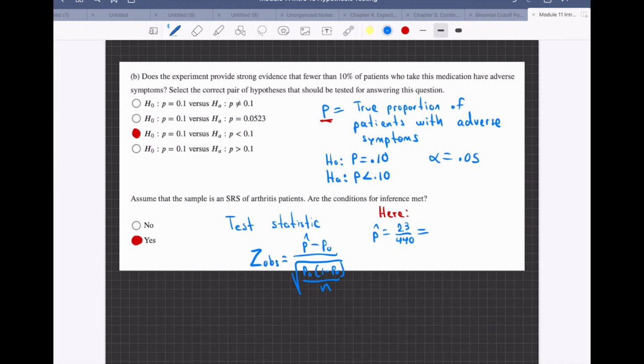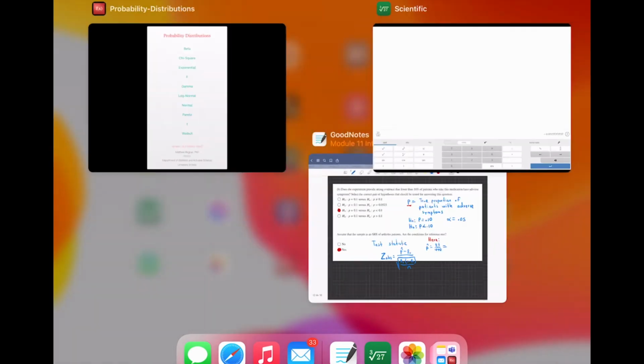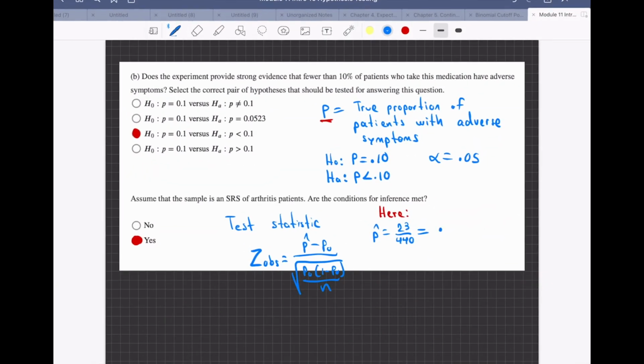And we saw that is approximately 0.05, rounded to 4 digits, 0.0523.